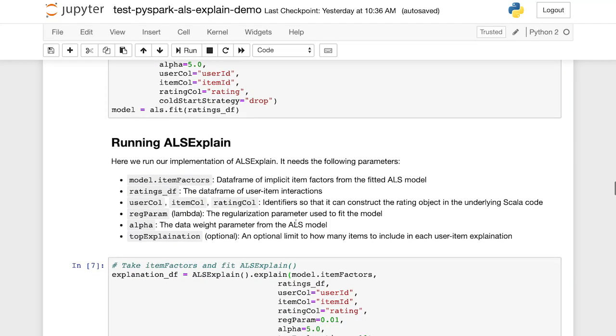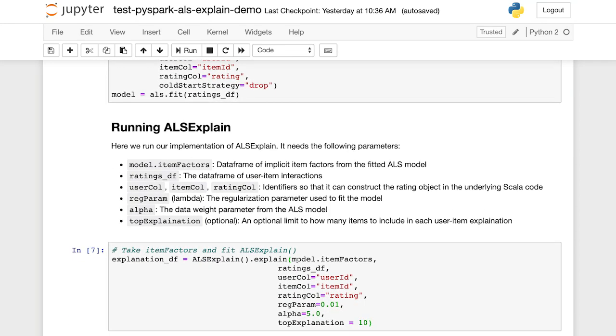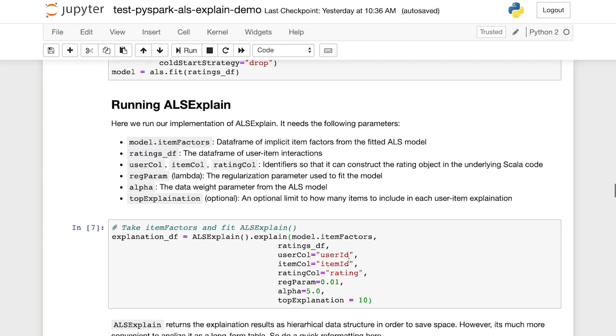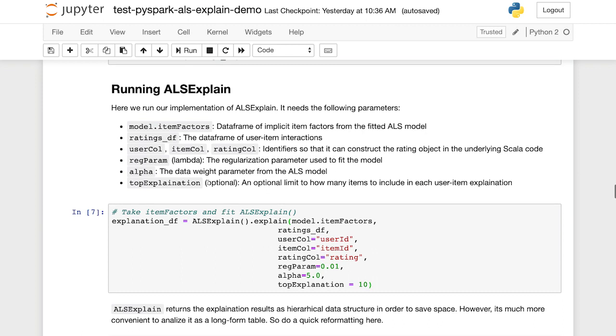Now with ALS explain, you pull from the model the item factors and the ratings, and because it's Python, you need to specify which columns you're using for user, items and ratings. Then you have a regularization parameter, alpha, and an optional parameter, top explanation, which basically says stop after the first 10 items. This is just to limit the size of the recommendation scores that come out.